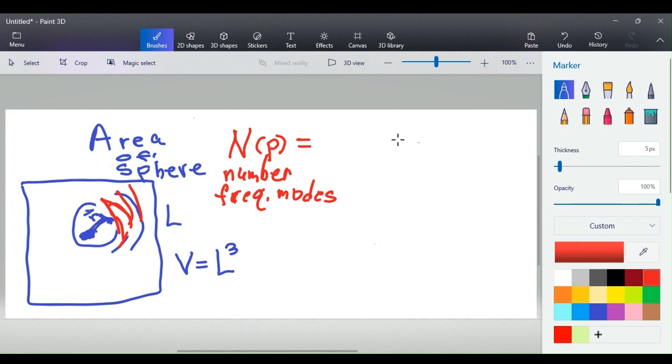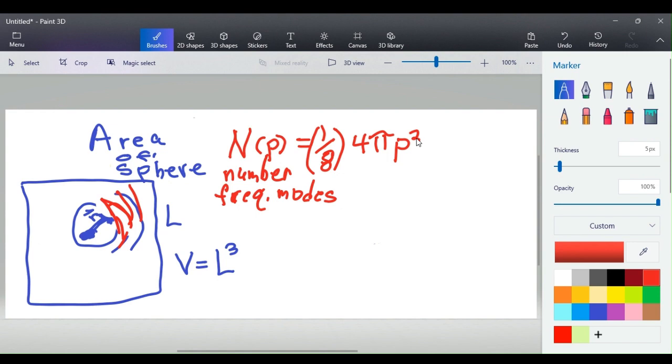So the number of modes that are there, and what I'm going to do is put a 1/8. Can I make an 8? Maybe I can. A 1/8 times this area of the, what am I trying to say, this area of the sphere, which is 4 pi P squared.